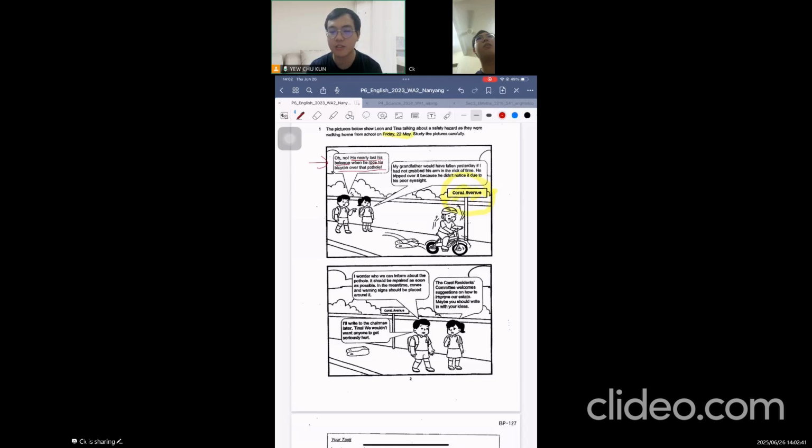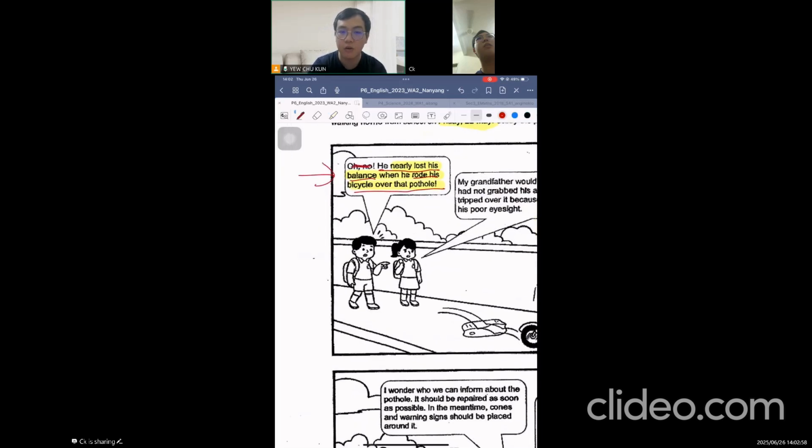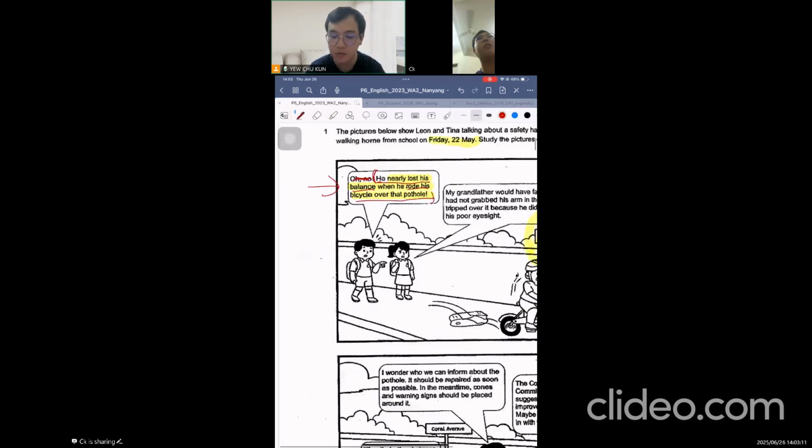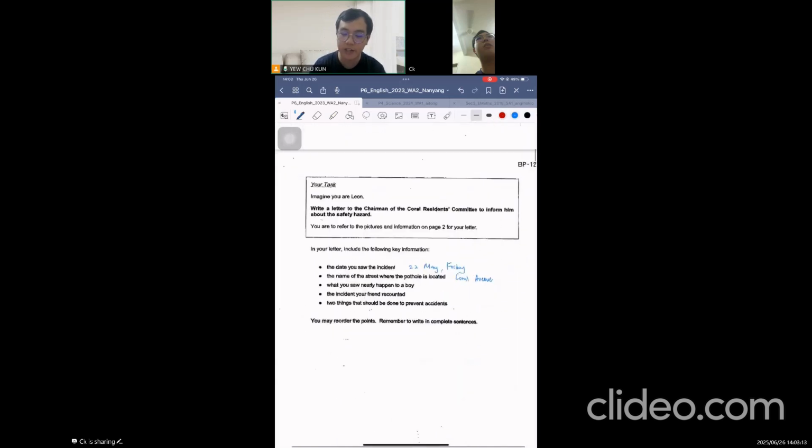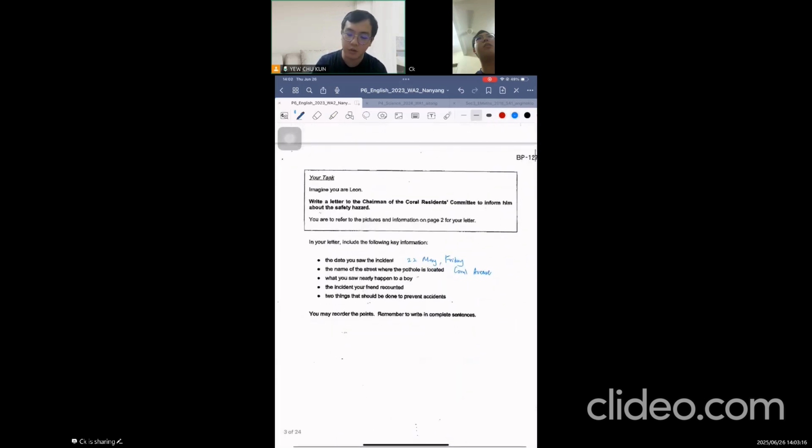So we can actually reuse the sentences. So we can say nearly lost his balance when he rode his bicycle over the pothole. And here we don't need to include oh no. Alright class? But we can reuse the rest of the words, which is he nearly lost his balance and he rode his bicycle over the pothole. So we can actually jot down to here as well.